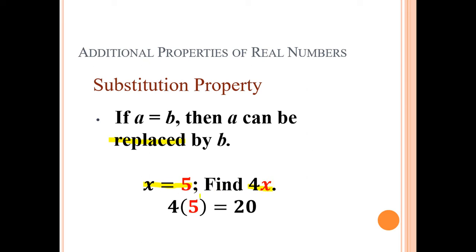Like in this case, we have x equals 5, and it's wanting us to find 4x. So instead of that x, we could write 5 and say 4 times 5 equals 20. So just know, substitution property, if you have something equal to something else, those things are interchangeable.